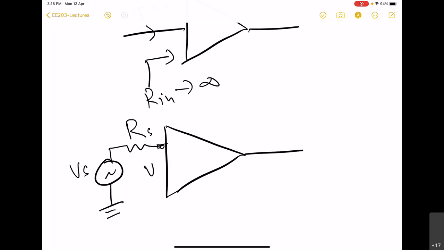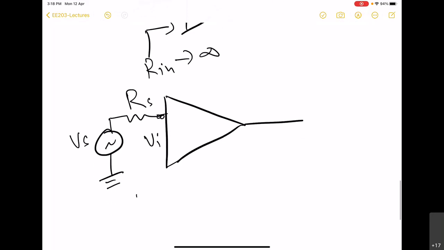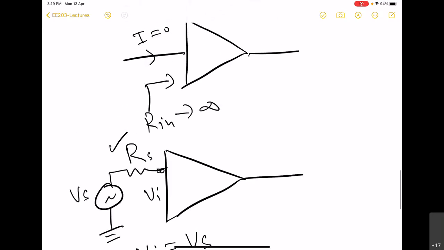In this case, the input voltage that it will sense will be equal to Vs, and the presence of this Rs will have no impact. It will always sense the same voltage. So if we have an amplifier with infinite impedance, it will be sensing basically the voltage, and it will be more appropriate to excite it by a voltage source.